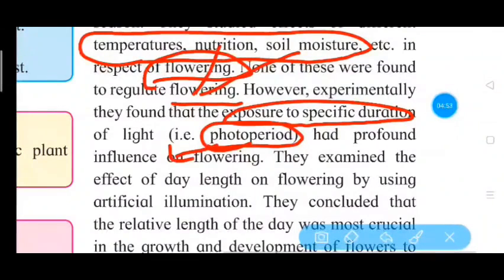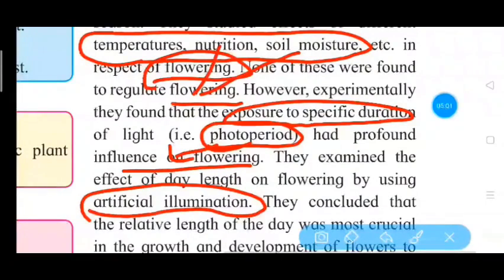Photoperiod influences flowering. They examined the effect of daylight on flowering by using artificial illumination, artificial light, to study the day length for flowering.